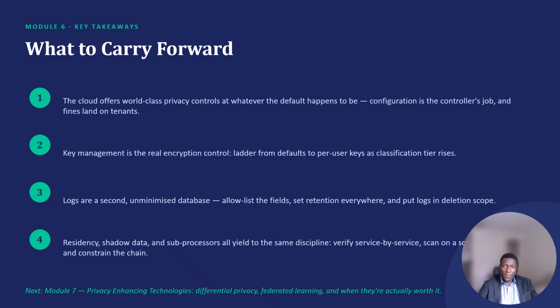Number 4, residency, shadow data, and sub-processors all yield to the same discipline. Verify service by service, scan on a schedule, contract and constrain the chain, like we discussed in the previous slide.